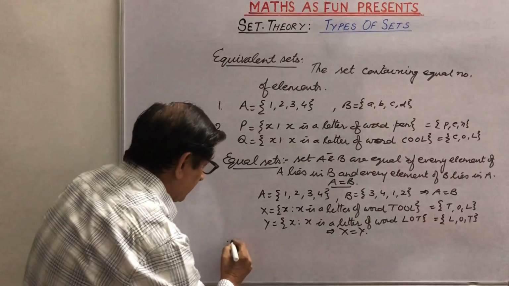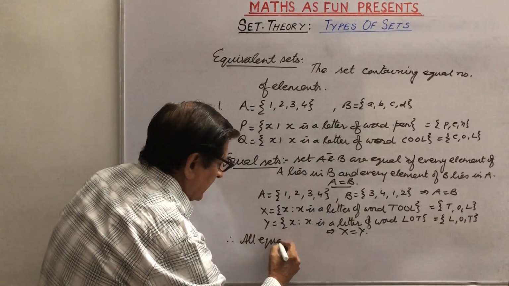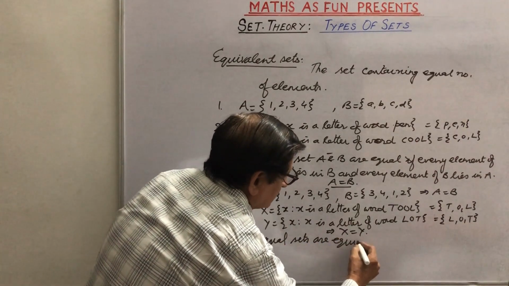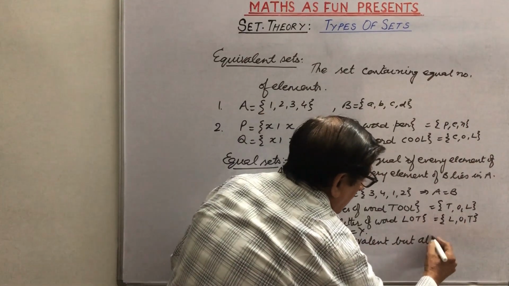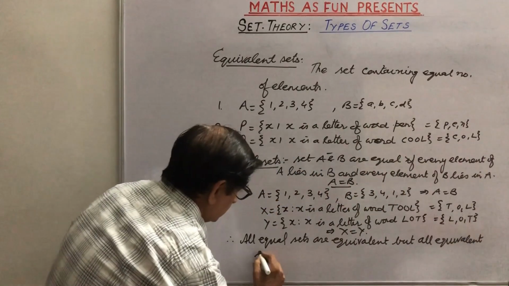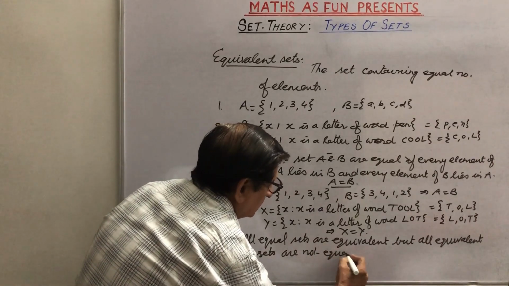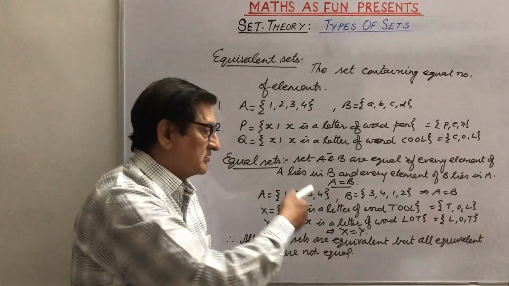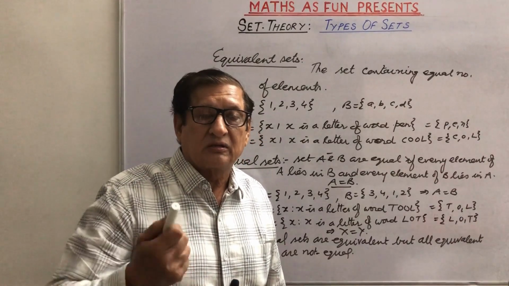And that's why we have to remember one thing, that all equal sets are equivalent, but all equivalent sets are not equal. Very important point, please remember this. All equal sets are equivalent, but all equivalent sets are not necessarily equal.